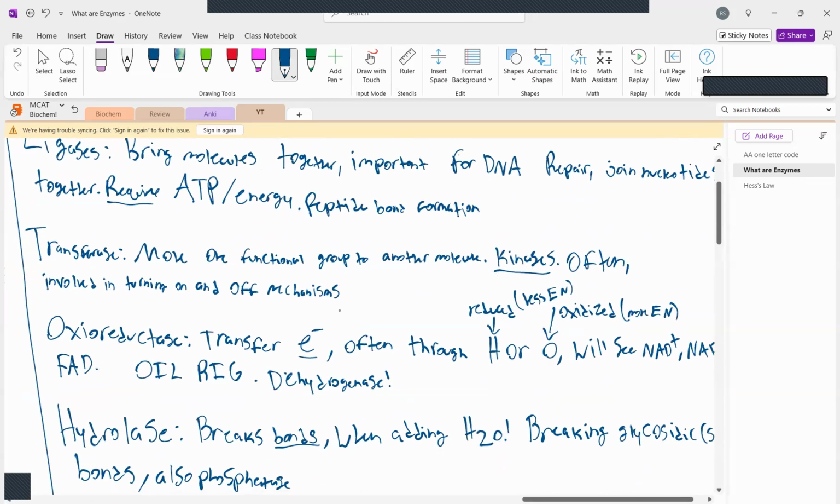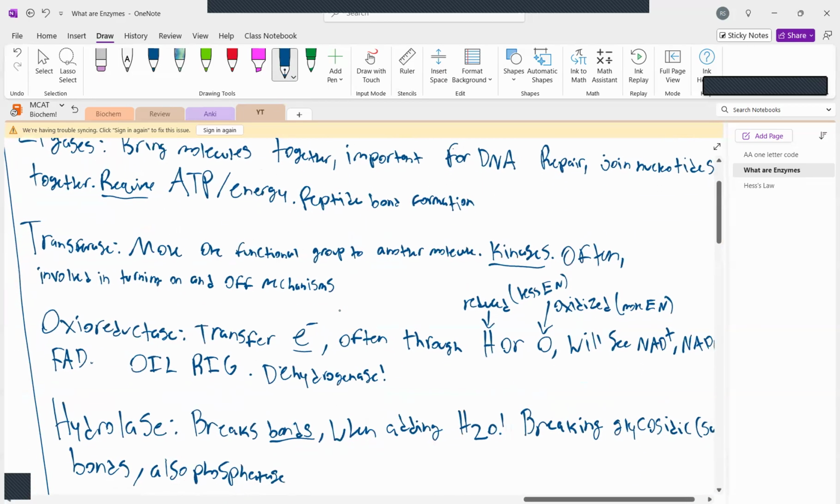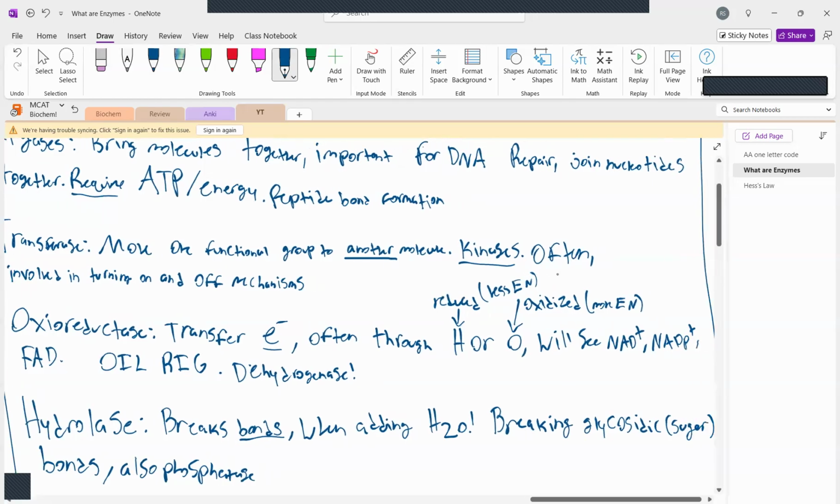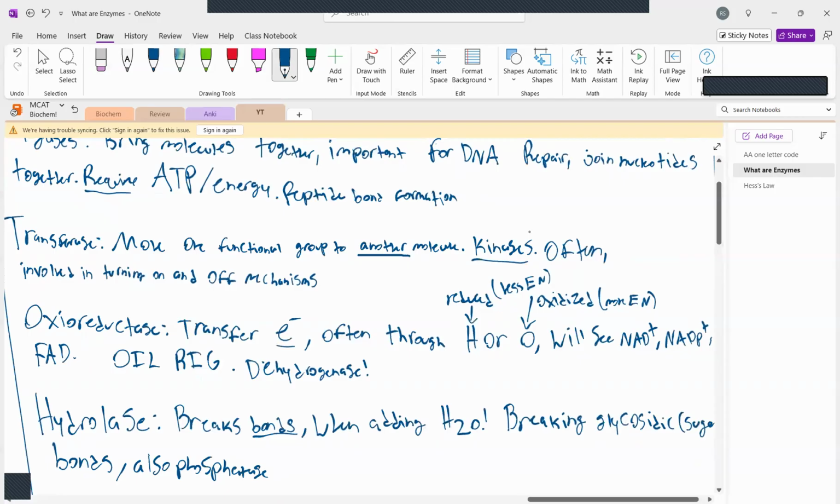And then you have a transferase, which is when you move one functional group to another molecule. This is important, since it's another molecule, whereas an isomerase is typically within the same molecule since you're creating an isomer, but we'll get to that. One big transferase is a kinase, when you're transferring a phosphate group from one molecule to another.